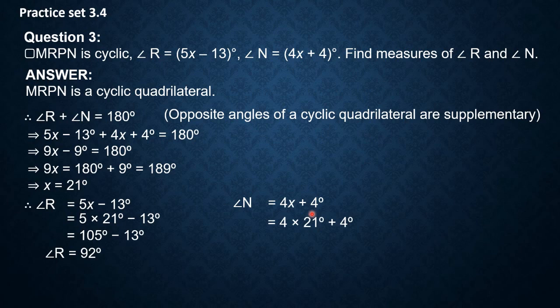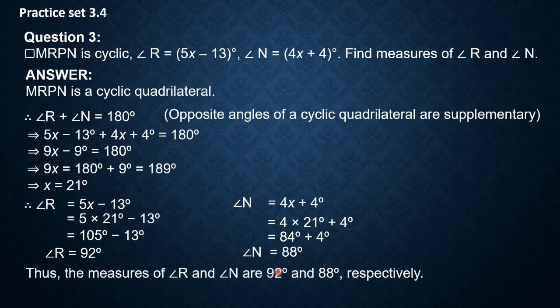In place of x we'll substitute 21. So this becomes 4 into 21 plus 4. 4 into 21 is 84, plus 4 is 88 degrees. Therefore, angle N is 88 degrees. Thus the measures of angle R and angle N are 92 degrees and 88 degrees respectively.